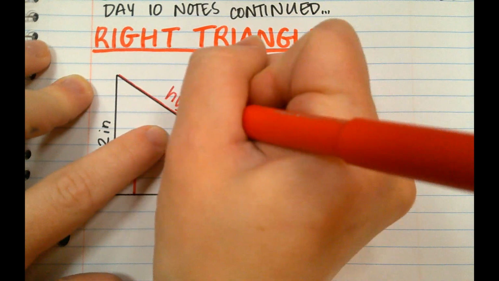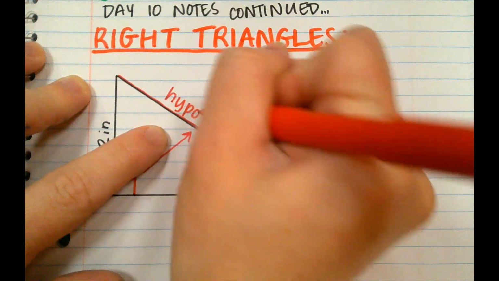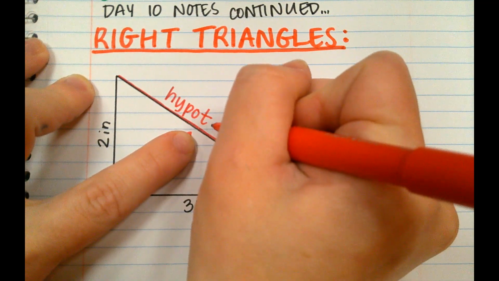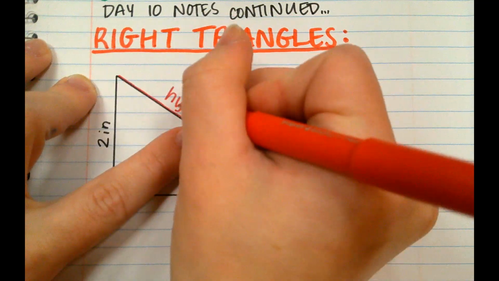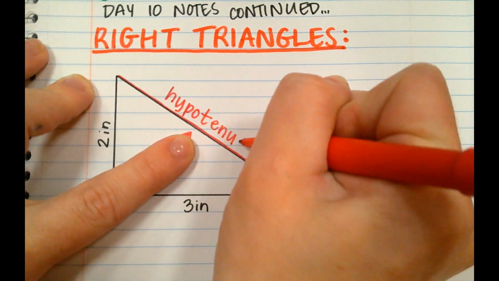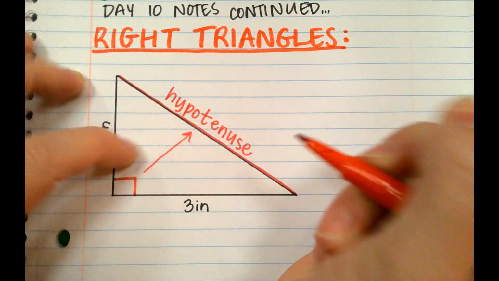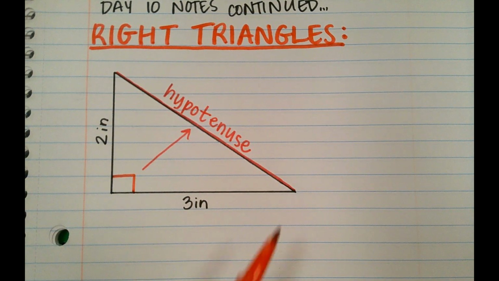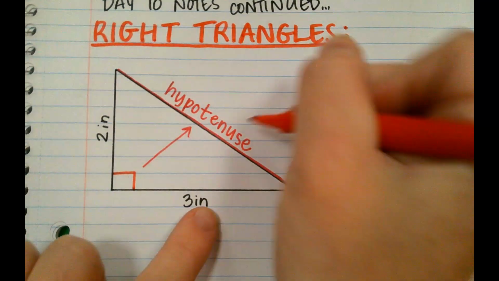So, honestly, hypotenuse. That's how we spell it. Hypotenuse. Funky word. The hypotenuse is always the longest side of a right triangle.